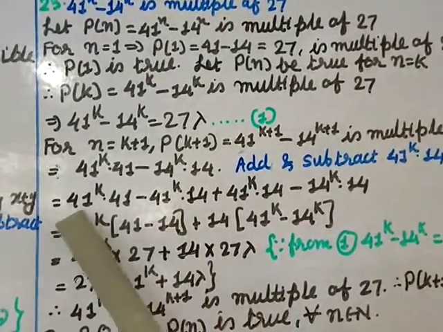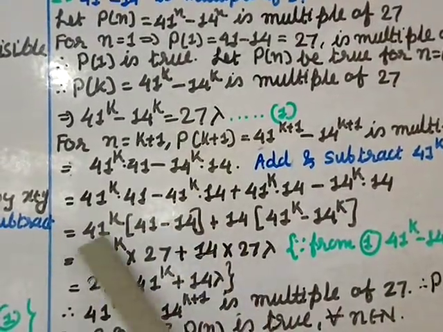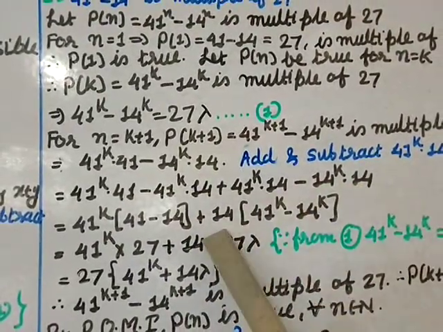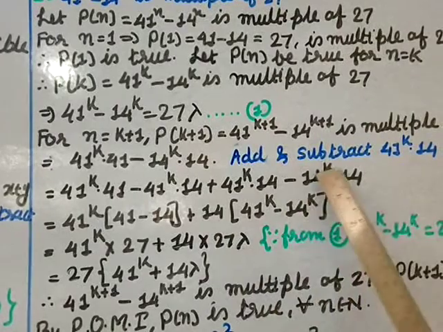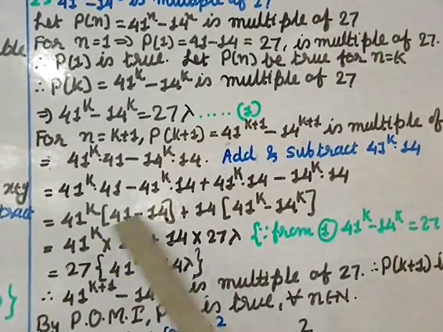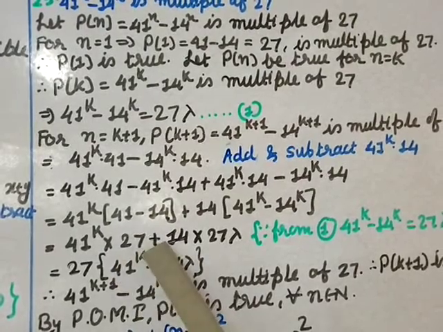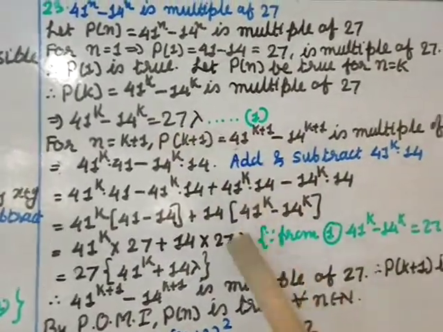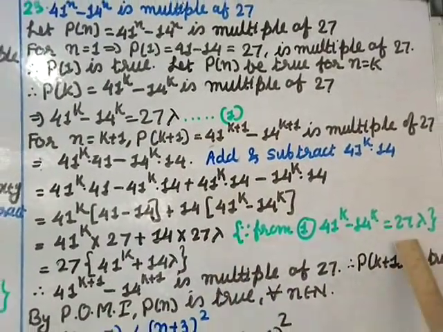From the first two you take 41 power k common. Here remains 41 minus 14, plus from these two you take 14 common. Here remains 41 power k minus 14 power k. Then 41 minus 14 is 27, plus 14 as it is, and this value from equation 1 is 27 lambda. So put this value 27 lambda from 1.